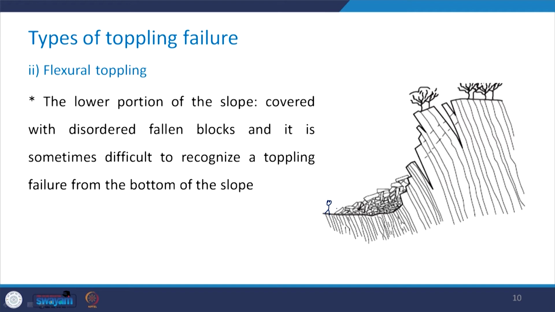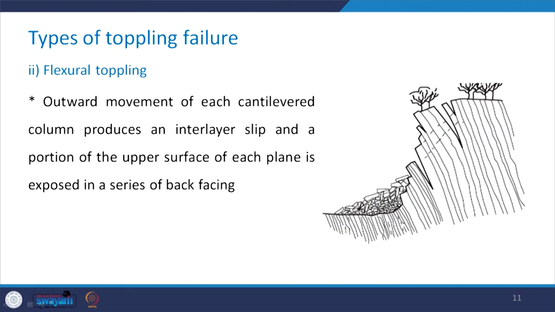So, what you are going to see is this material, and if you look at it from this point, that is at the base of the slope, you may not be able to recognize that it is the toppling failure here in this portion of the rock slope, just because the lower portion of this slope is covered with the disordered fallen blocks, and what you will see is only this much portion, and you will not be able to recognize this. So, we need to be careful about this type of toppling failure.